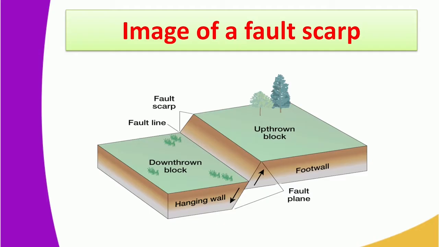When you look at the farthest part where we have the trees, this is the upthrown block, the block that has been lifted above the other block by compressional or tensional forces. We also have the footwall, the fault plane, and the hanging wall, and in our last lesson we looked at a hanging wall.